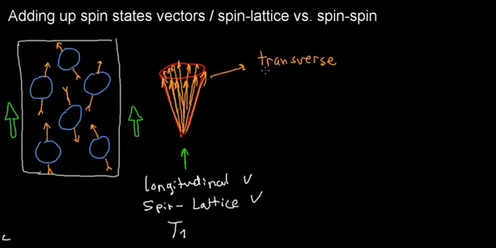So when it drops, it's called transverse, or spin vector, or T2. So far, so good. And we can actually keep on going and get to the essentials of NMR.